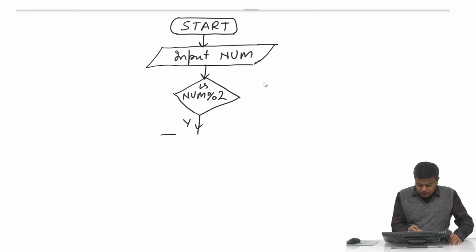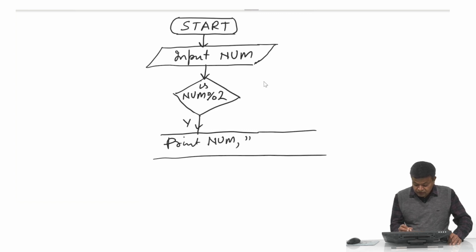So, if this is yes, then I will print the number, its value will be printed. Now, I am writing inside brackets, so the message will be printed as it is: number is even number. I will close this bracket.